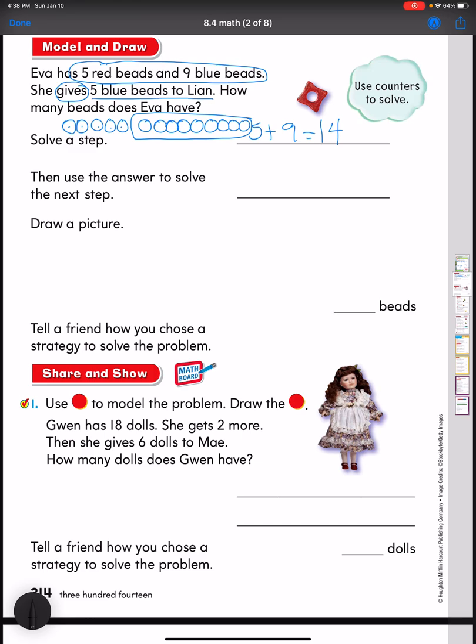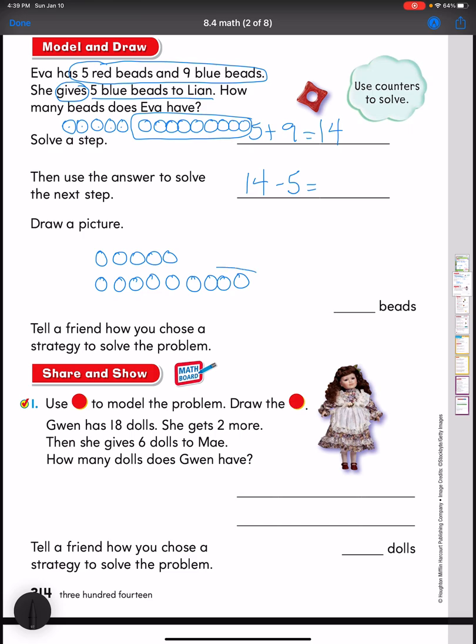Okay, so she had 14 beads. She gave 5 to Leon. So what is she left with? Remember, let me draw a better picture down here. Remember, she had 14 beads.